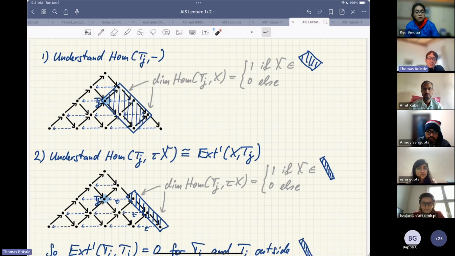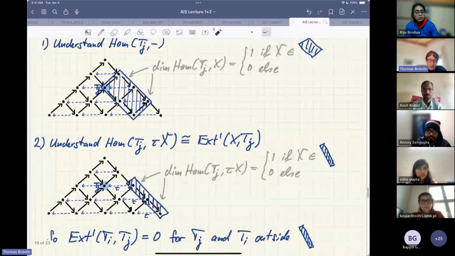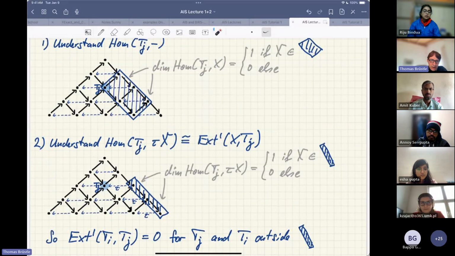So that means, suppose I want to define a tilting module. I pick some indecomposable objects. Say I pick this Tj, which you see here in light blue. Tj is only one summand. For a tilting object, I need to pick 5 summands, so I need to make more choices.